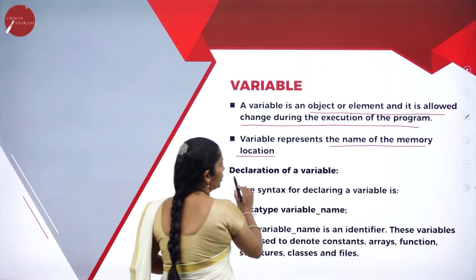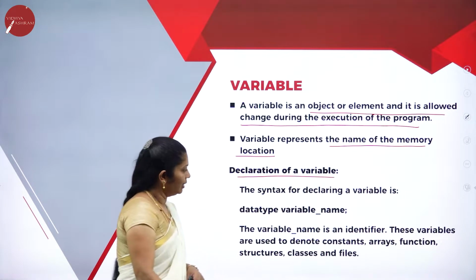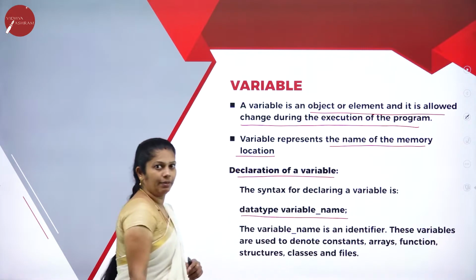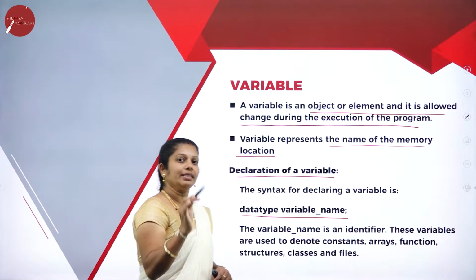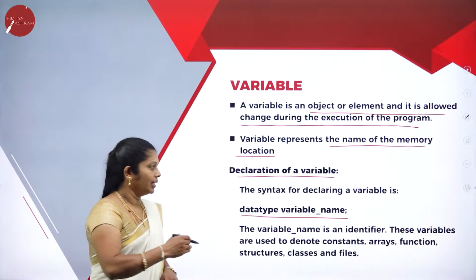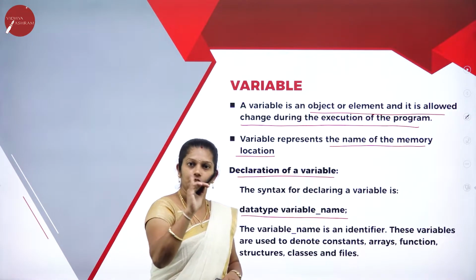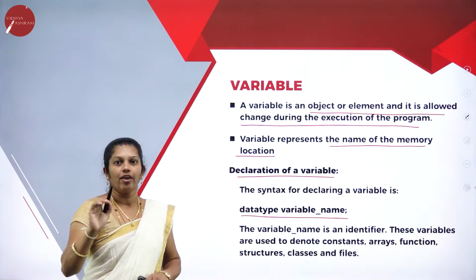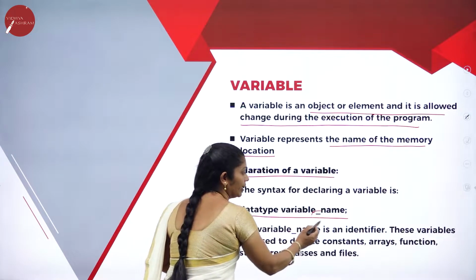If I want to declare a variable, then the general syntax we have to follow is data type, then variable name. While giving a name for a variable, some rules and regulations we have to follow. It should be a single word. In between we are not supposed to use any space. If you want, you can use an underscore.